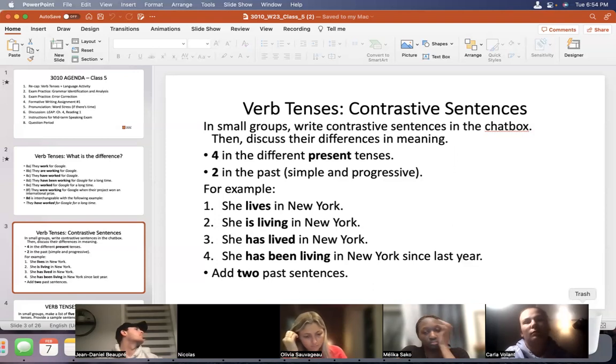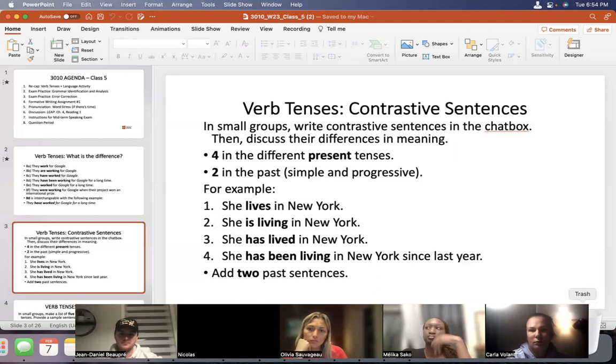And an example, what could be one example? Like she's living in New York right now, or maybe for temporary, we could say she's living in New York only for a short time. Yes, and give me an example. Anybody can give me an example?